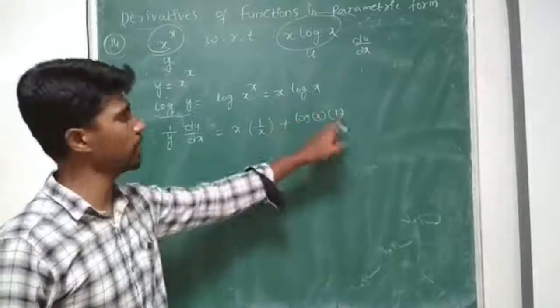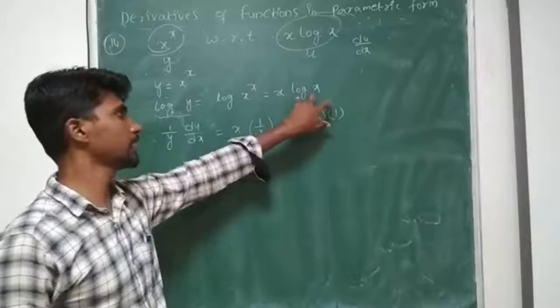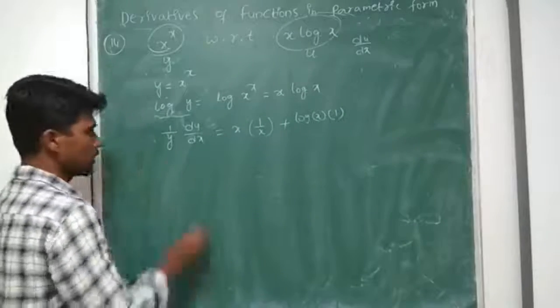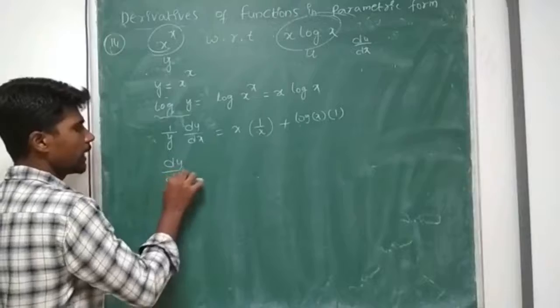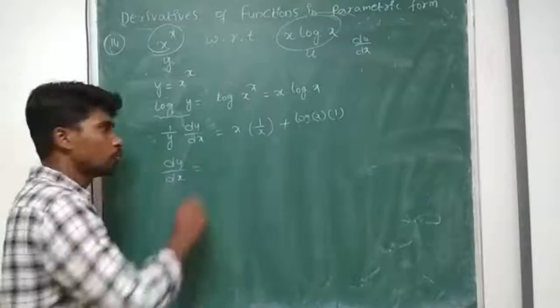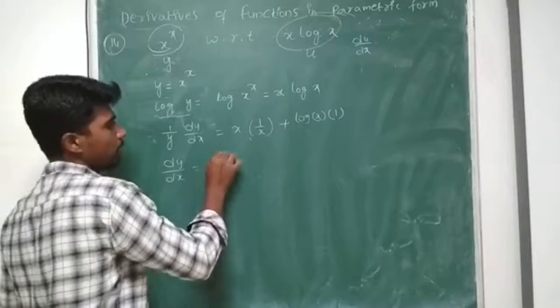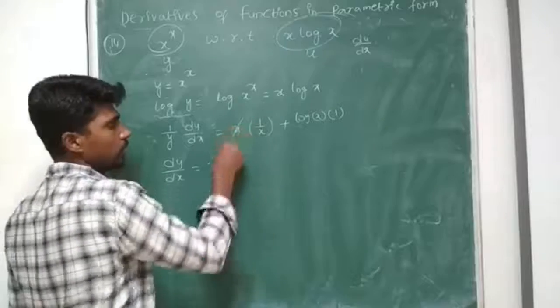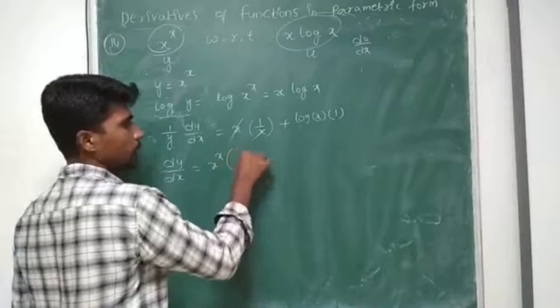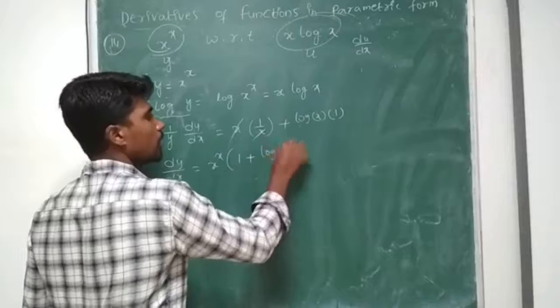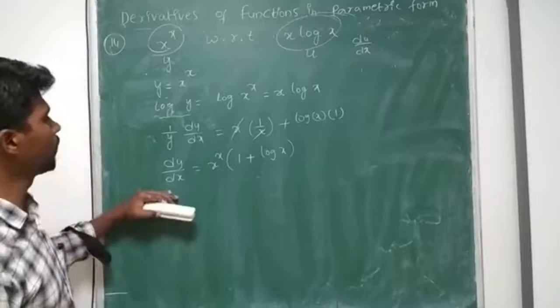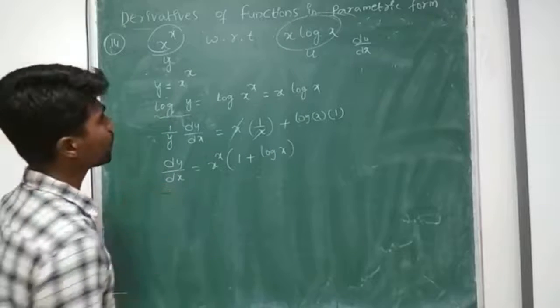Differentiation of x is 1, differentiation of log x is 1 by x. Now dy by dx is equal to y, which is x power x, into this; x and x get cancelled, no? Remain 1 plus log x. This is the derivative of y with respect to x.